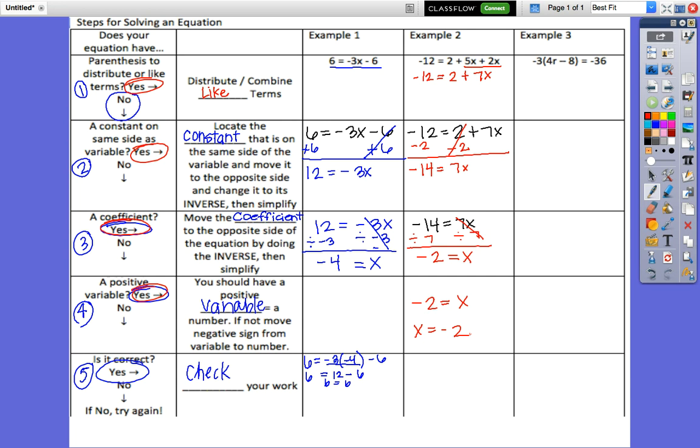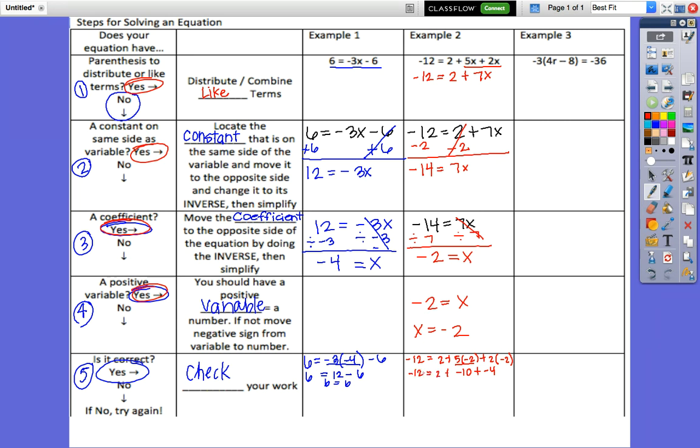Now, our next question says, is this correct? So we're going to substitute this negative 2 into our original equation. So we've got negative 12 equals 2 plus 5 times negative 2 plus 2 times negative 2. I'm going to do multiplication first. This gives me negative 10 plus negative 4.